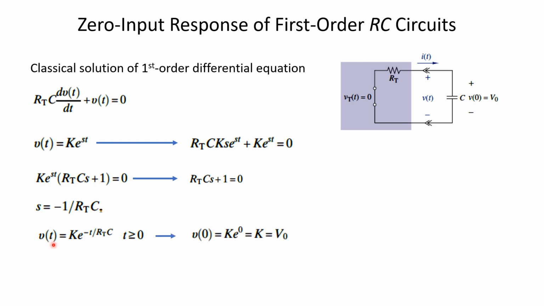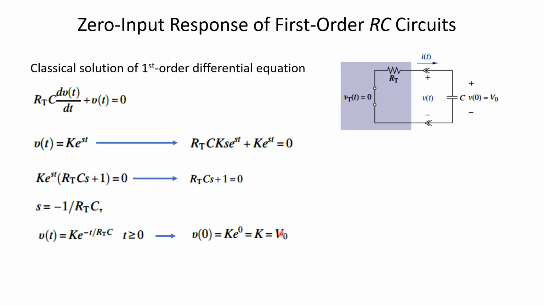So substituting t equal to 0 on both sides, V0 means the initial voltage across the capacitor, equals K e^0, so it gives us K, and this V0 is the voltage at t equal to 0.